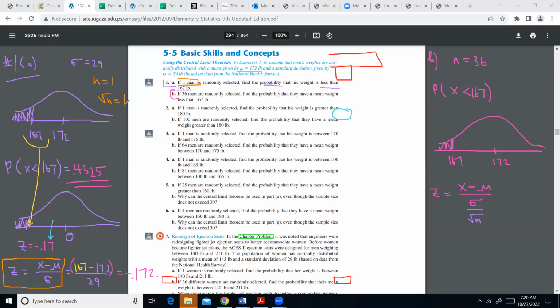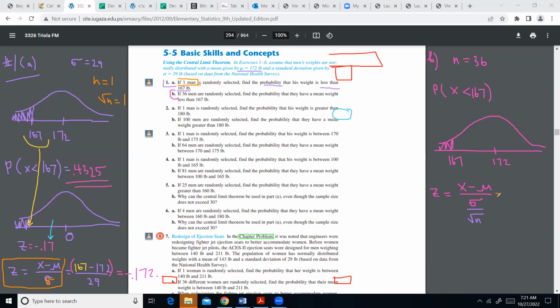And if you divide your standard deviation here by 1, well, it's still the same thing. So there was no need to divide anything by 1, because that's the same thing. But in a case where you have 36, well, things go a little differently.